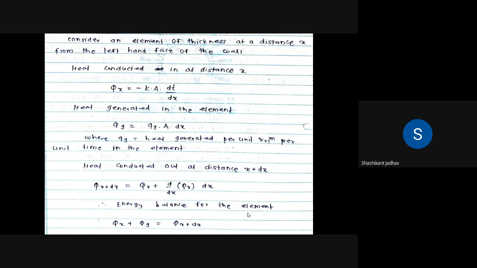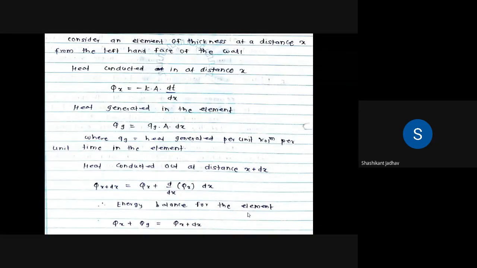So write down the energy balance for the element: qx plus qg is equal to qx plus dx.